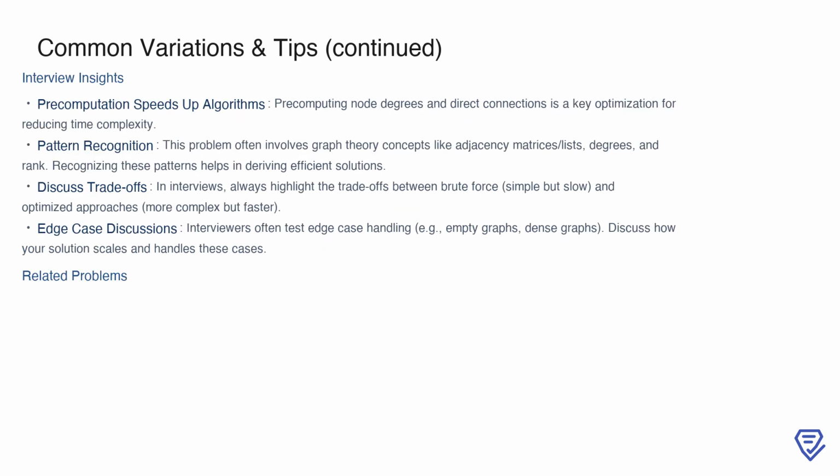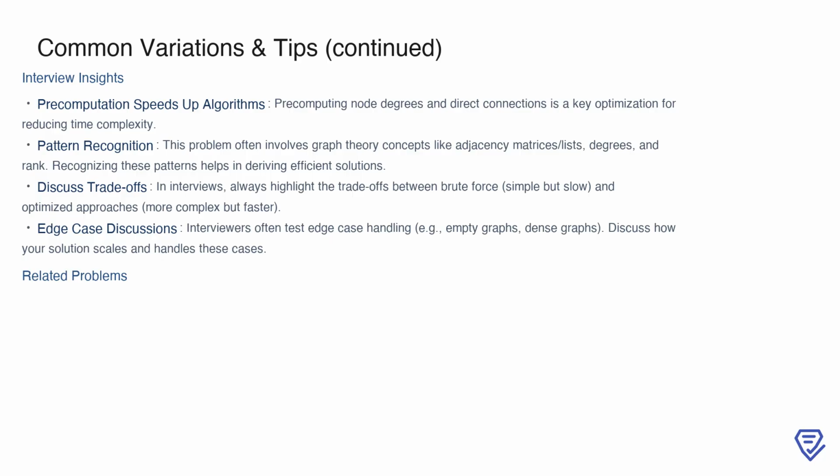Pre-computing node degrees and direct connections is a powerful optimization that speeds up algorithms significantly, especially for larger graphs. Recognizing patterns in the problem, such as adjacency matrices, node degrees, and rank calculations, can also help you design efficient solutions. When discussing your approach in an interview, it's important to highlight trade-offs.